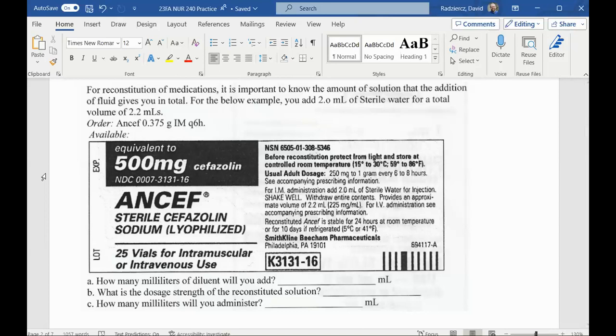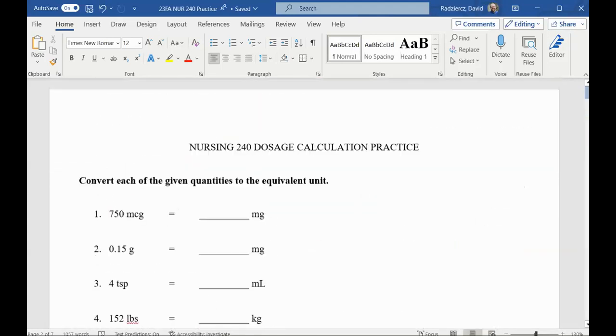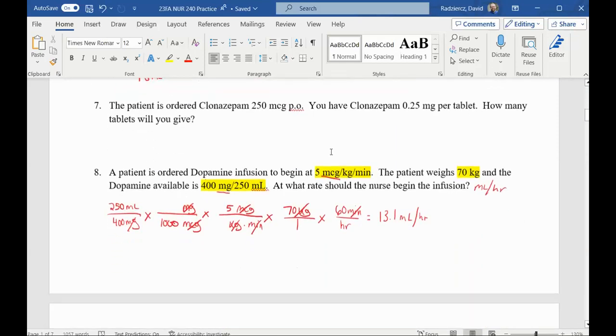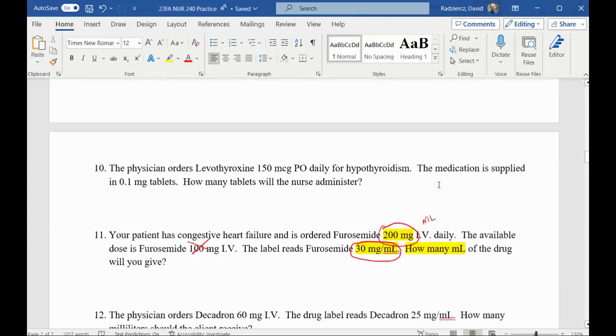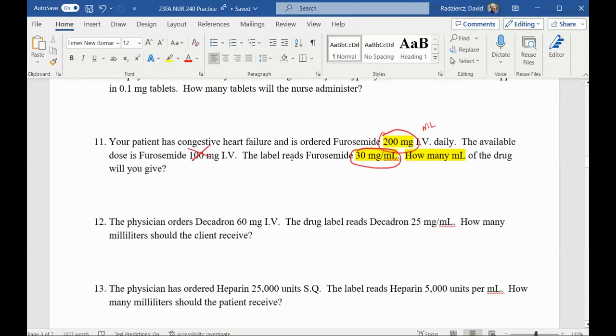Now, typically when you have your parenteral medications or even your oral-based liquid medications, it usually gives you a strength or concentration associated with it. As an example, look at this furosemide.